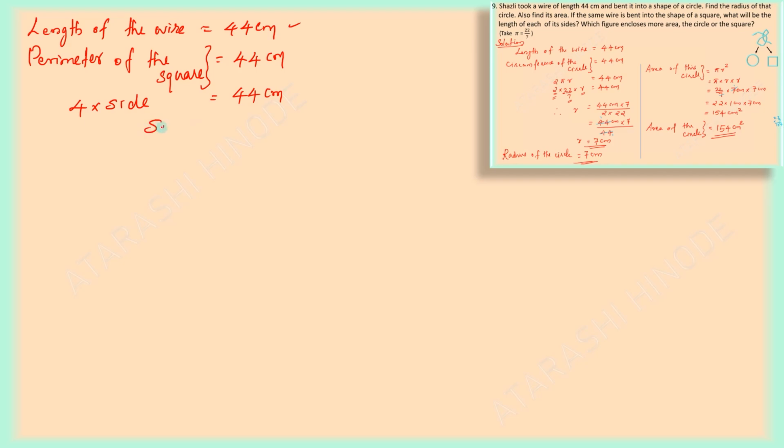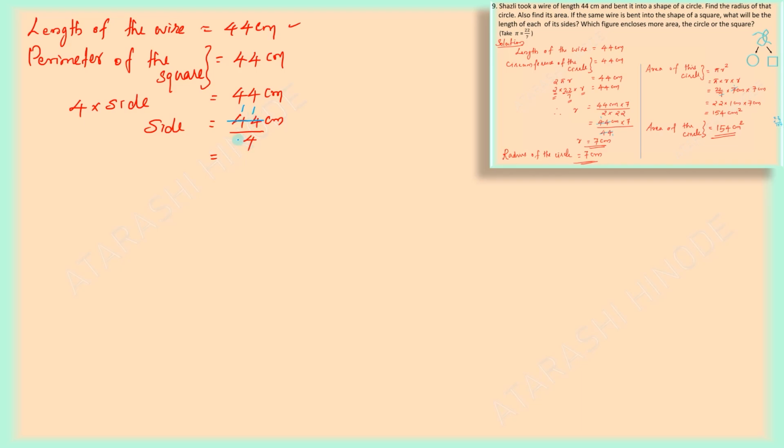Therefore, side equal to 44 centimeter by 4. Now, since in the LHS here it is a multiplication, in the RHS it will be a division. So, 4 will be in the denominator here. Now, we can divide the numerator and denominator by 4. So, here we get 4 divided by 4, it will be 1 here. Here also 4 divided by 4, it is 1.